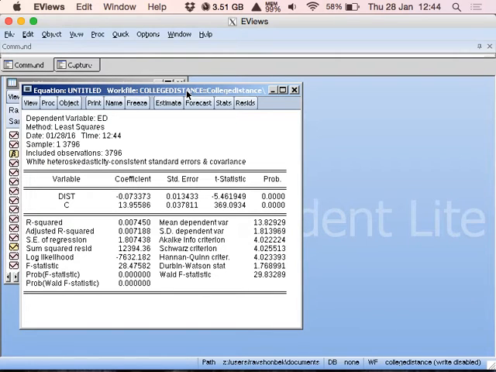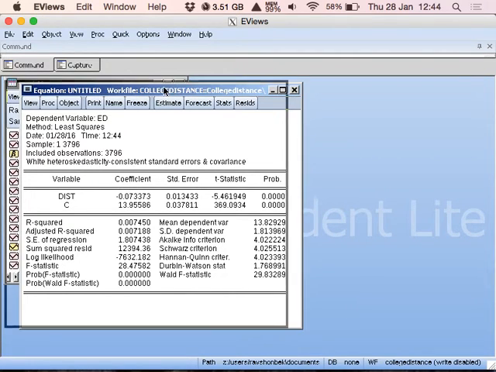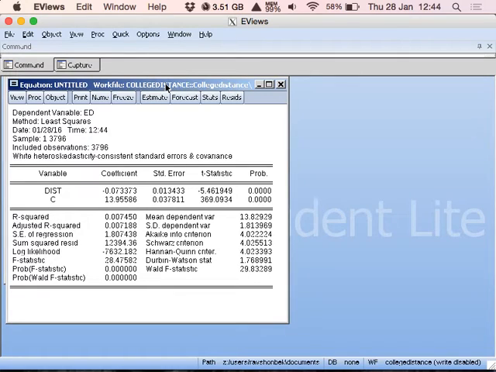So the idea here is to see if distance has an effect on education, years completed. Now, we need to report standard errors. Standard errors are here. For each coefficient estimate, the standard error is given, and also the coefficient estimates. For distance, it's 0.07 with a minus sign.